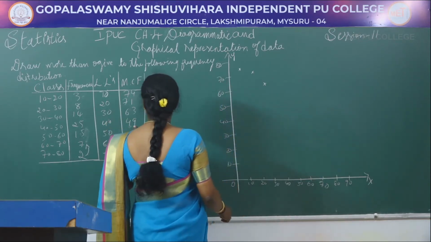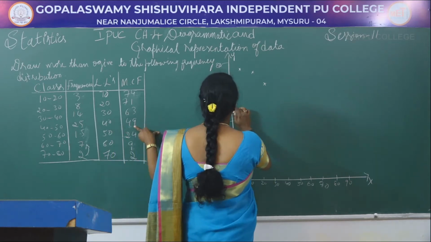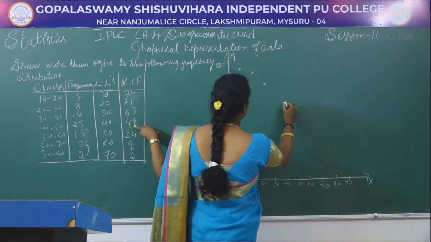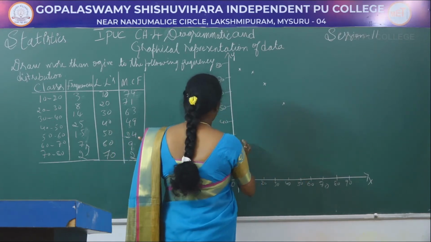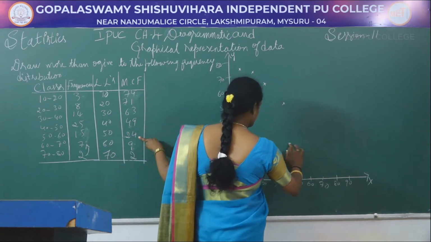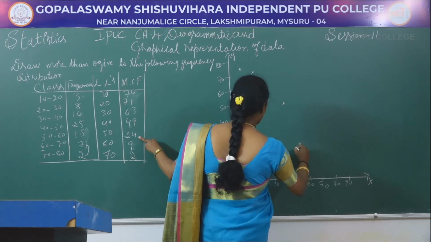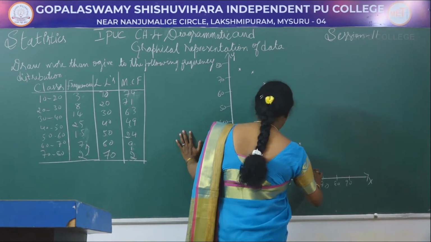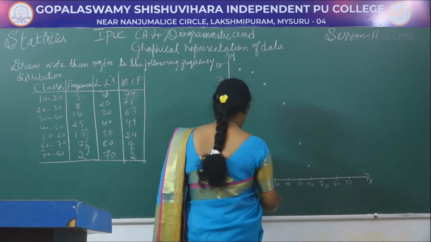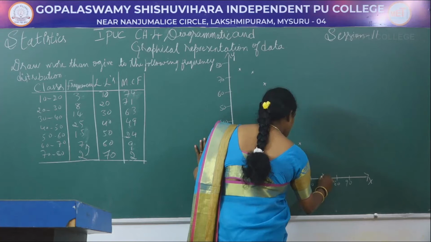Next, for 40, it is 49. Next, 50, it is 24. Next, for 60 it is 9. And for 70 it is 2.